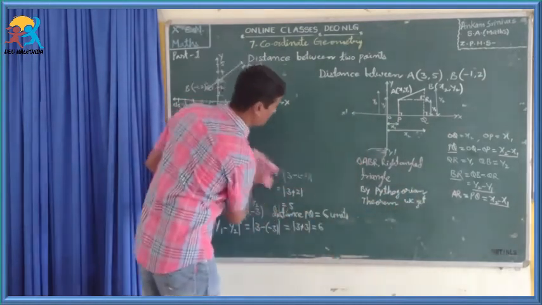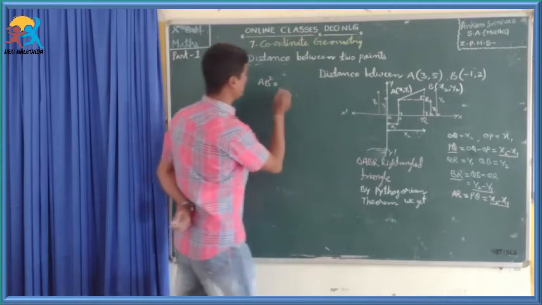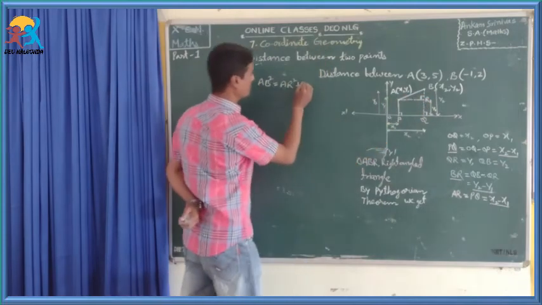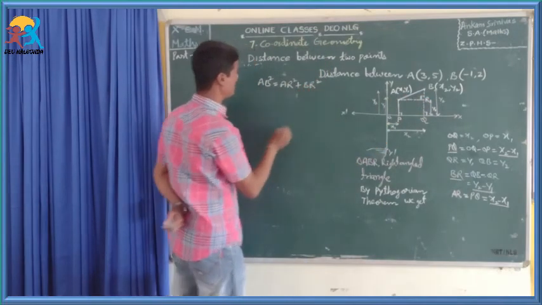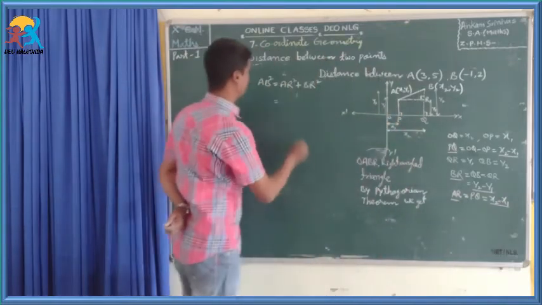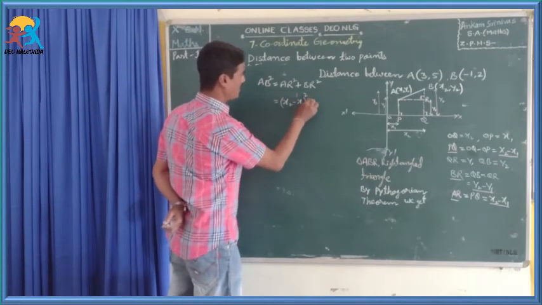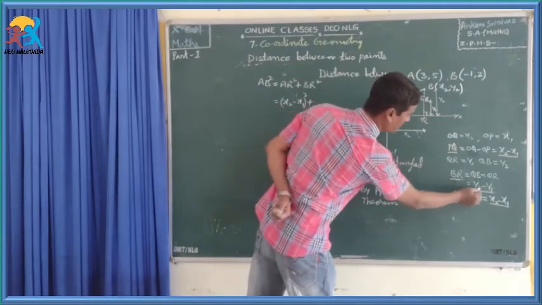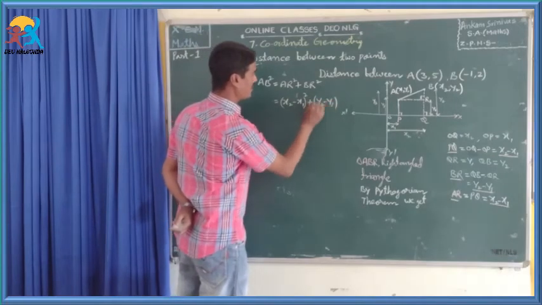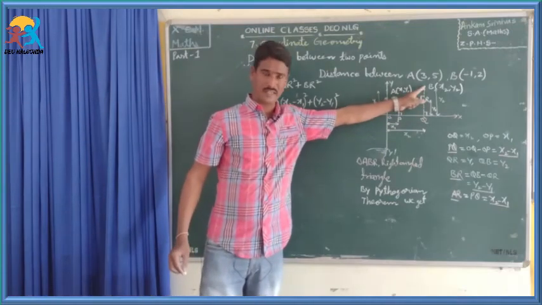So AB square equal to AR square plus BR square. We know that AR value is x2 minus x1 whole square plus BR value, BR equal to y2 minus y1 whole square.